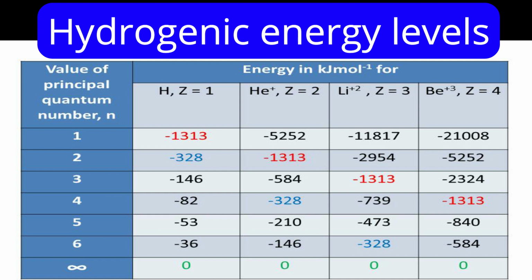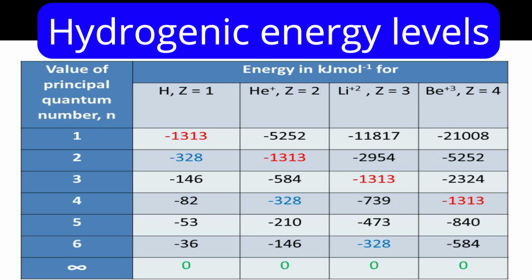You will understand how much more energy you need to provide to remove the electron from beryllium plus 3 rather than from hydrogen. So for comparison purposes, I discussed first shell energy levels here. Similarly, you will understand the comparison between other shells.